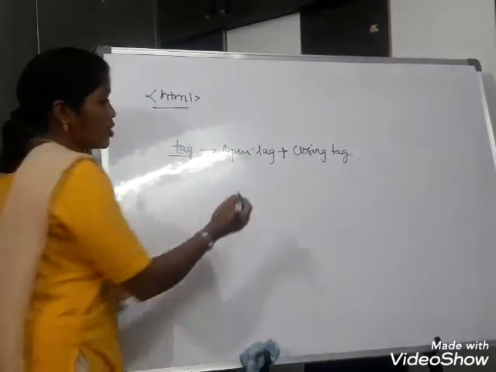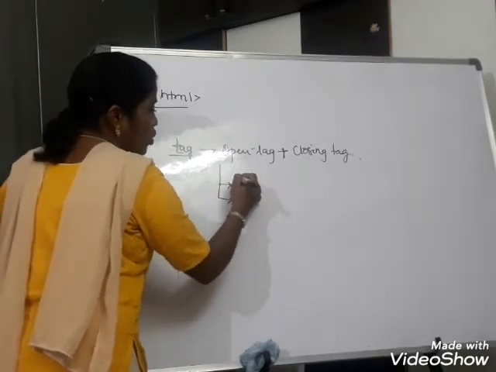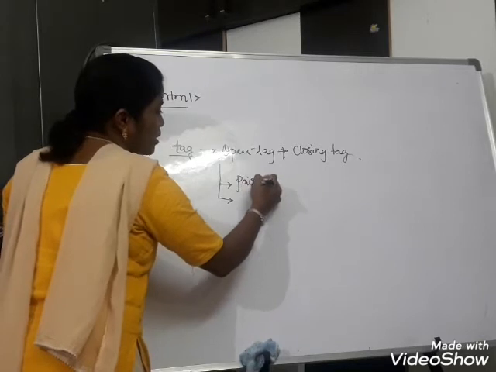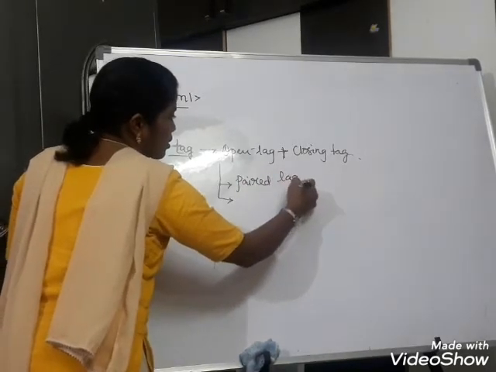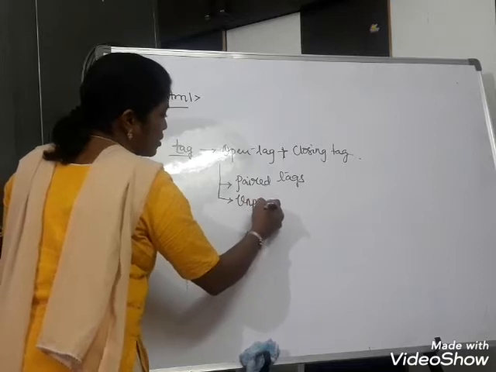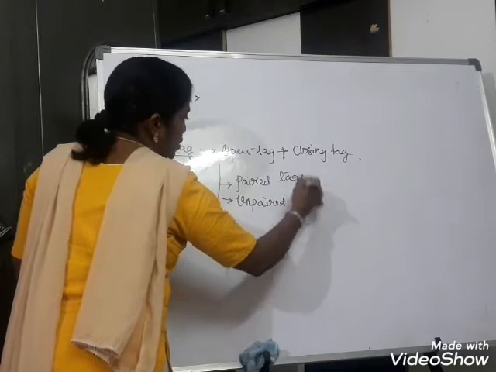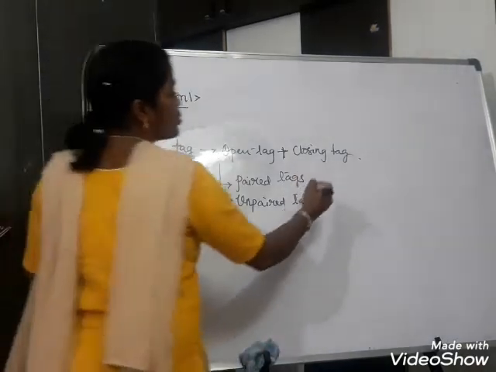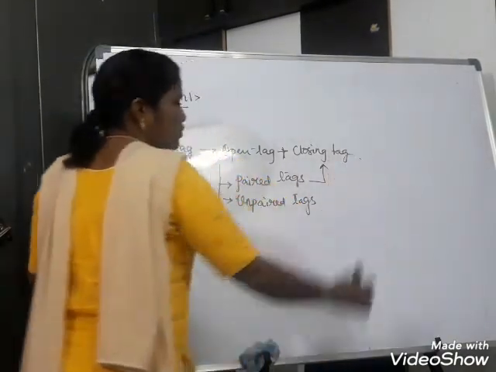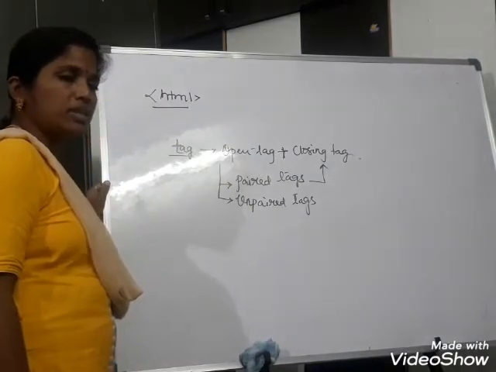Here is another issue. We have two types of tags again. One we call paired tags, another we call unpaired tags. Paired tags means for every opening tag we will have a closing tag. We call it paired tags.